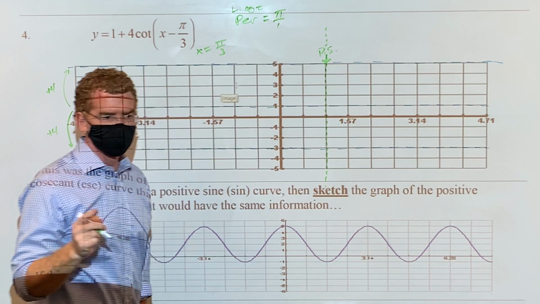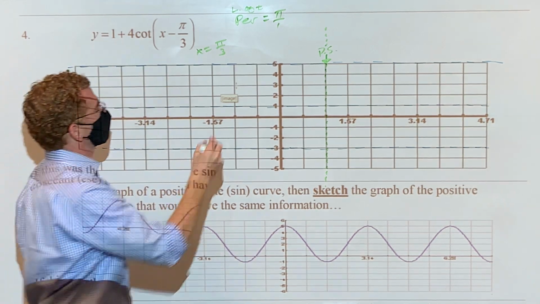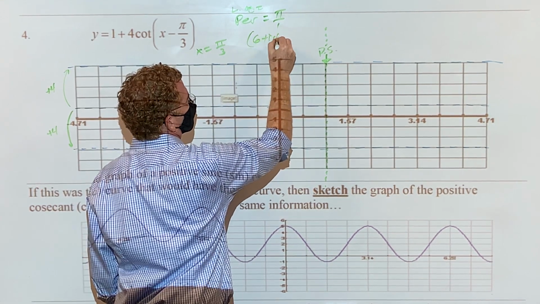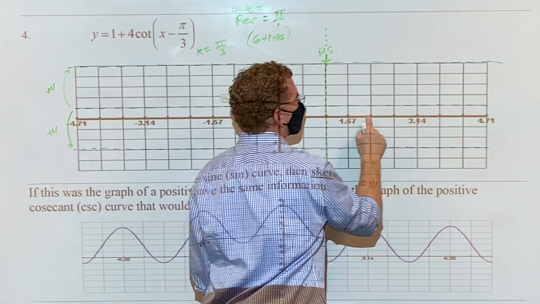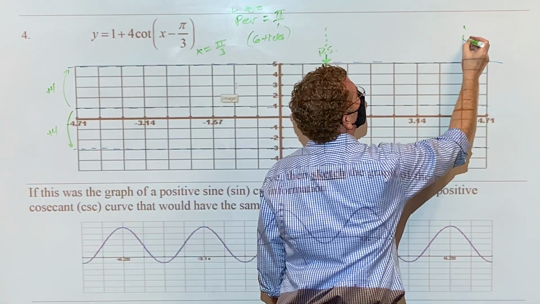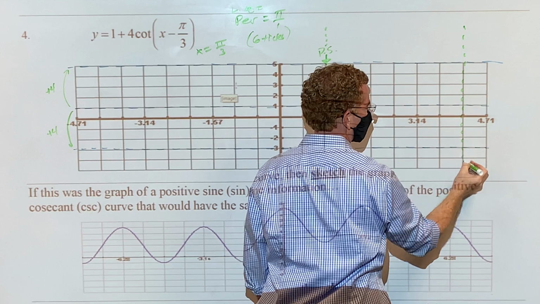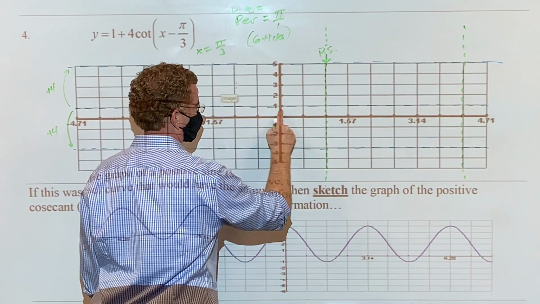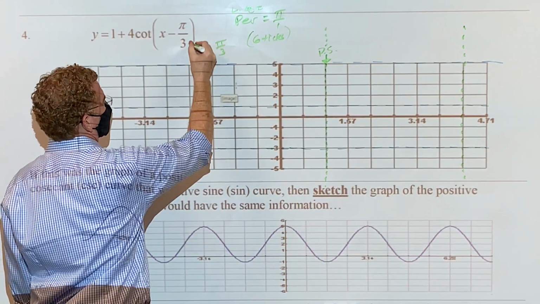And pi is 6 ticks. And so since pi is 6 ticks, I'm going to go 6 ticks to the right. Another VA. And I don't have room, so 1, 2, 3, 4, 5, 6 ticks to the left.